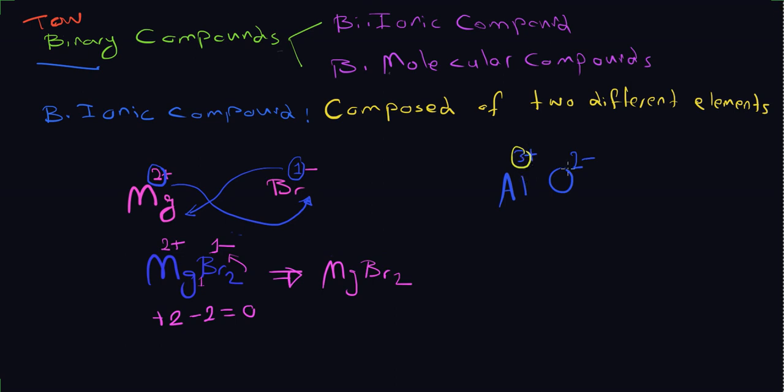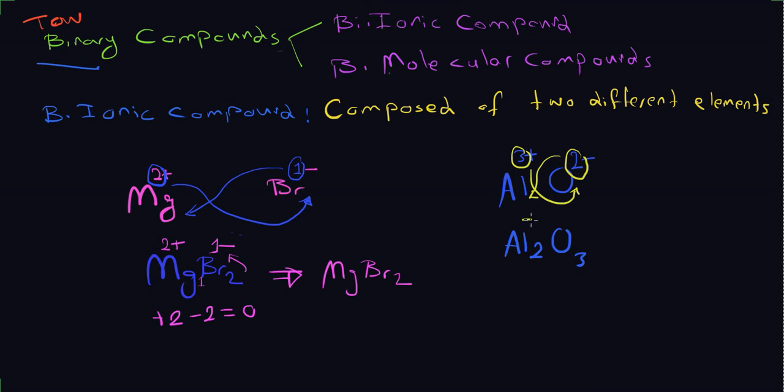So the common number between 2 and 3 is 6. So you will add 2, 3 as a subscript, and you will add only 2 as the absolute number for aluminium. So you will write what? You have aluminium 2, oxygen 3. Now it is balanced.